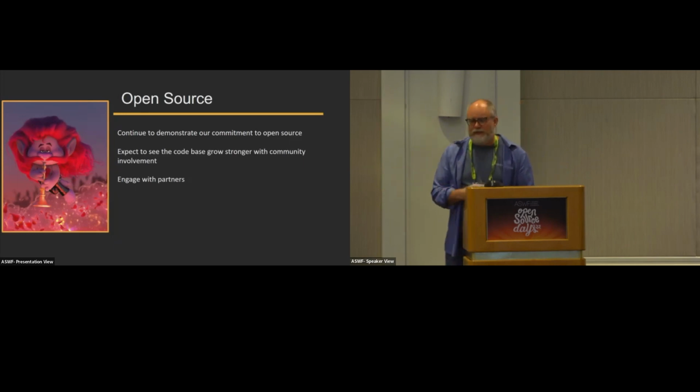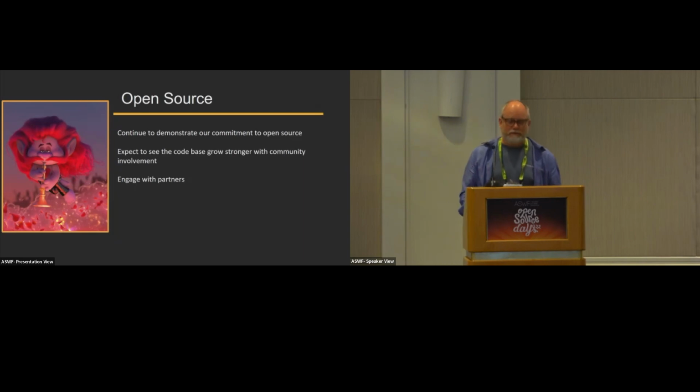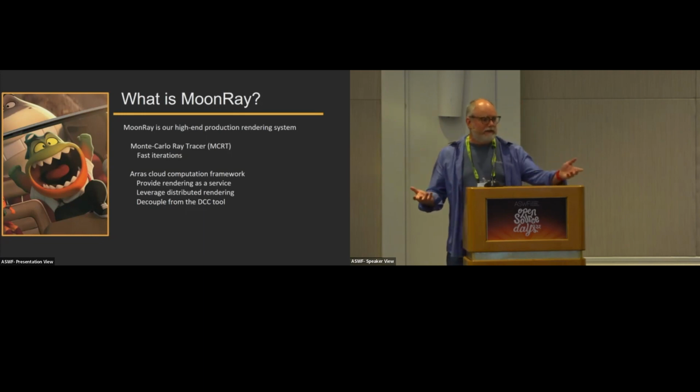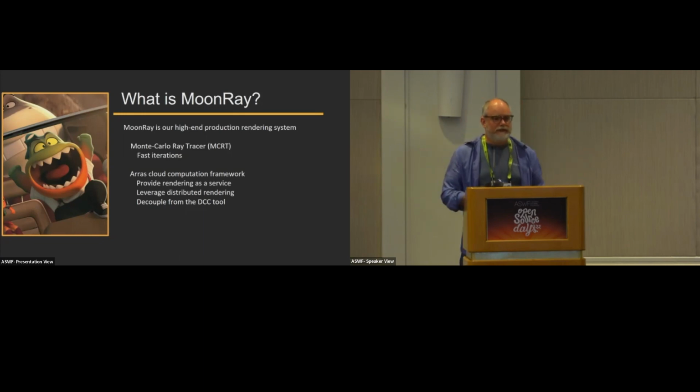So these things are amongst the reasons why we're open sourcing it. To talk about what MoonRay is, I'm going to introduce Randy Packer, who is our manager for the rendering team, to go through some of the details here, and then we can talk about the questions.